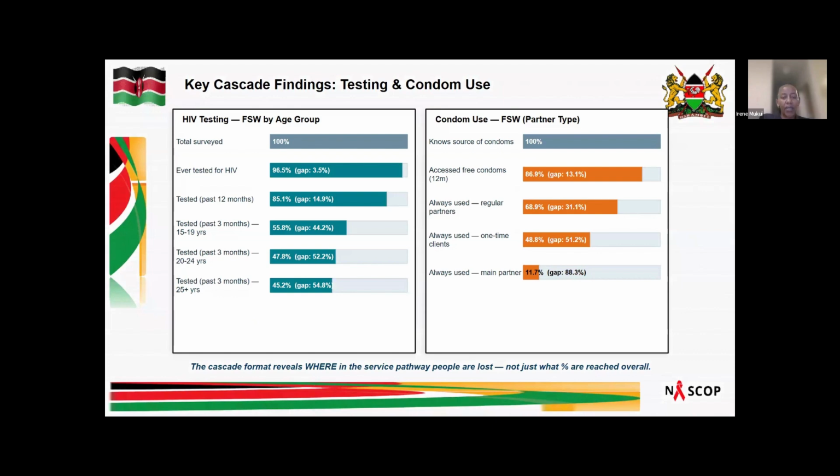Slightly higher utilization in the 15 to 19 years and slightly lower proportions within the older age groups. And then when you look at the female sex worker condom use, again, you start to see differences in the different subpopulations. Next slide.